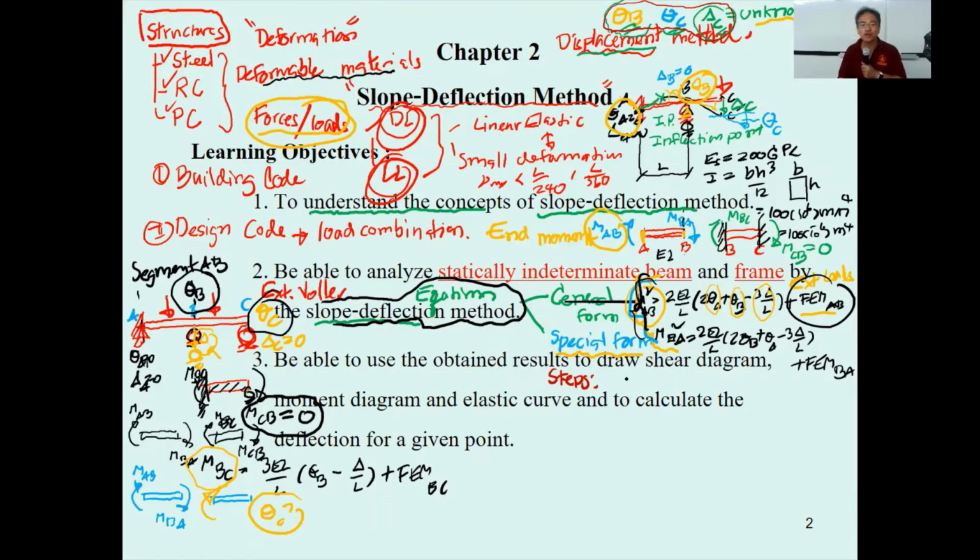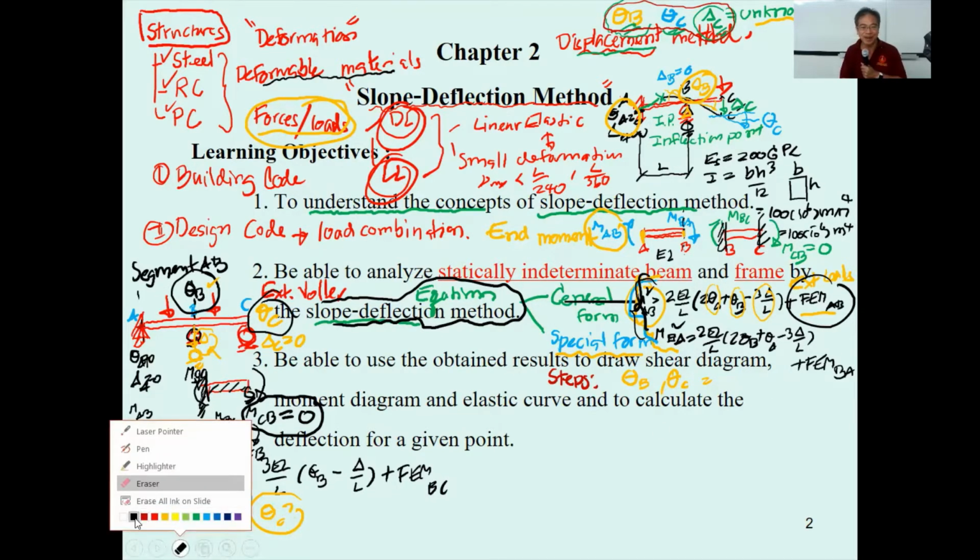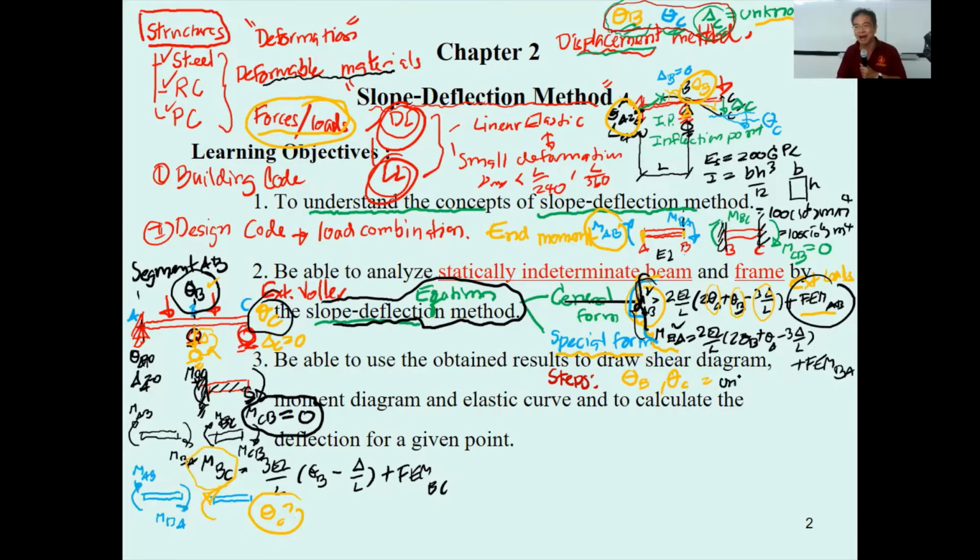So after you specify, for example, theta sub B and theta sub C as the unknowns, you're going to start with this being an unknown. Sorry for the bad writing. Let me erase all of this and write it again. It's going to be unknown. It's going to be unknown.